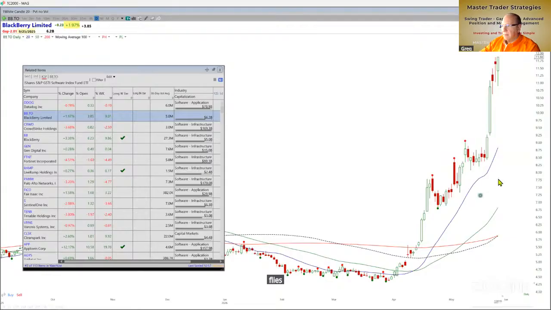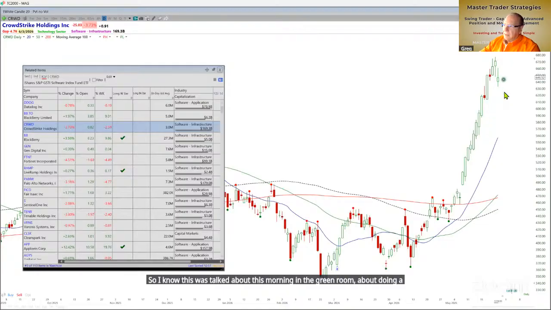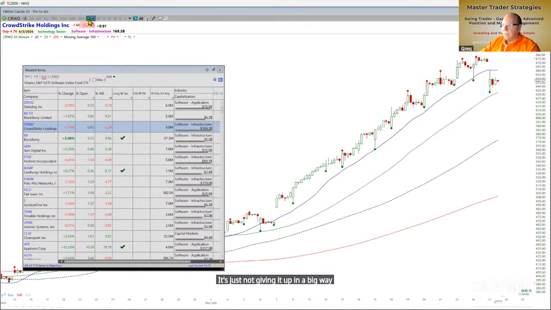This old dog, BlackBerry, CrowdStrike, right? Just incredible move. So I know this was talked about this morning in the green room about doing a call spread. It's not giving it up in a big way, but look at the 65-minute chart. Look at that uptrend on the 65-minute. Now it's violated the uptrend.